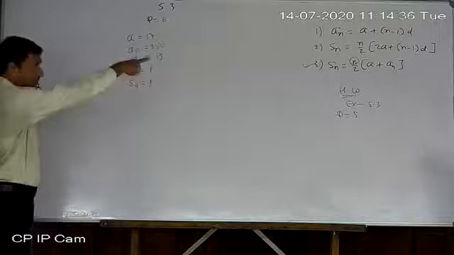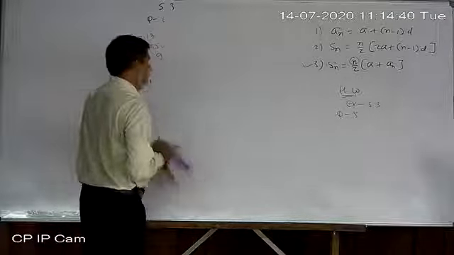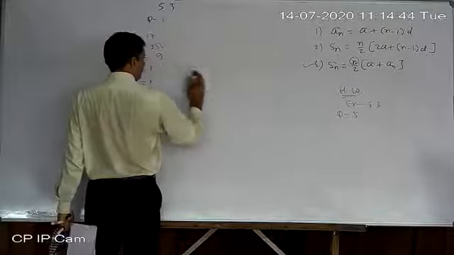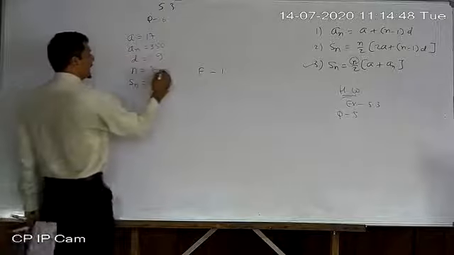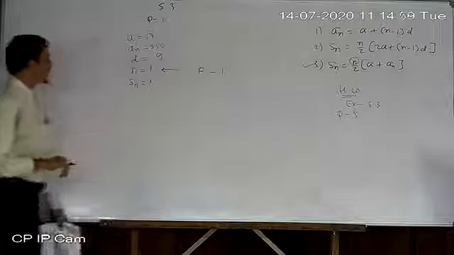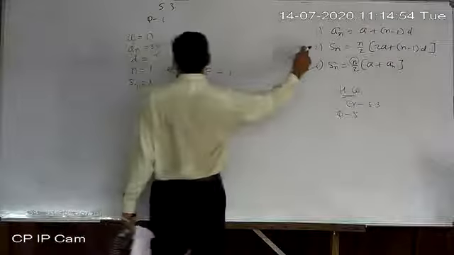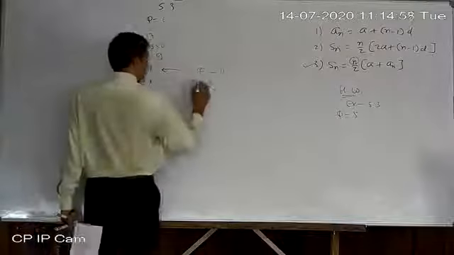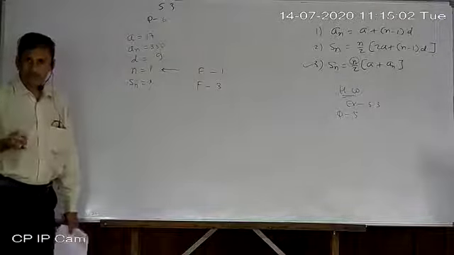A, An and d are given. So first applicable is equation number 1, or formula number 1, so that you will get n. After getting n, you can use either the second or third, anyone, but we will use the third here for short calculation.